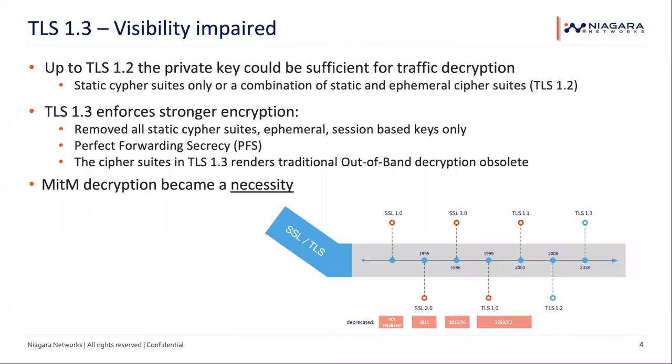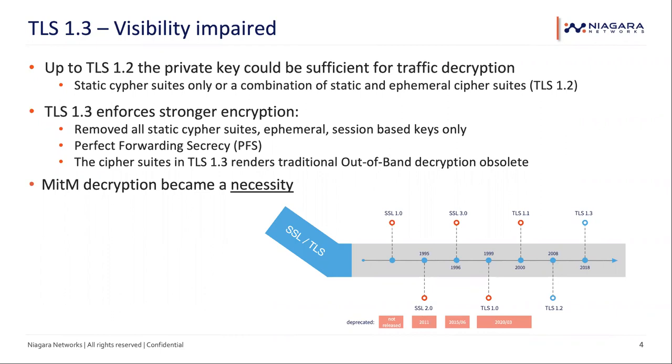Up to TLS 1.2, it was possible to decrypt the traffic if you had the certificates that the traffic was encrypted with. It was relatively easy to use this certificate to decrypt the traffic.